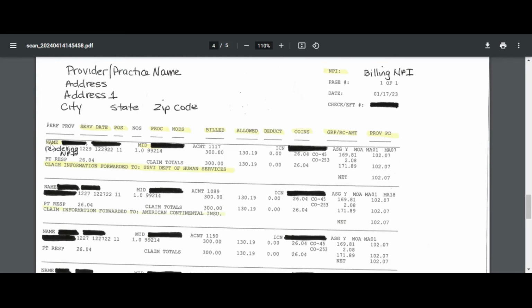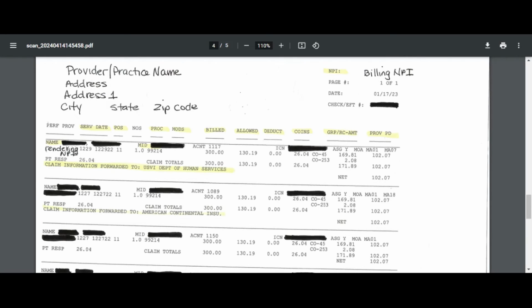You go down a little further and you see name. So this is the name of the patient, and then you see MID. That is the Medicare ID number. It's normally 11 characters, just so you know, especially those of you who deal with Medicare. You have the account number, which is the number that you get from your practice management system. And then you have the ICN number.